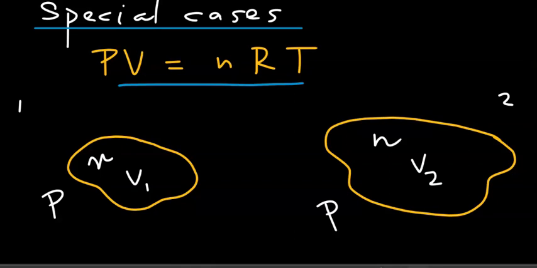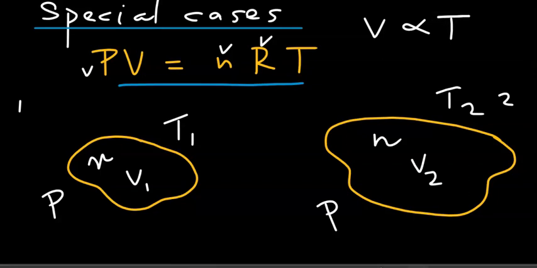The question is, what is the new temperature T2 of this sample of gas? Again, from this equation, we see that when P, n, and R are constant, V, the volume of the gas, will vary in proportion with temperature. So that means the ratio V over T is a constant.